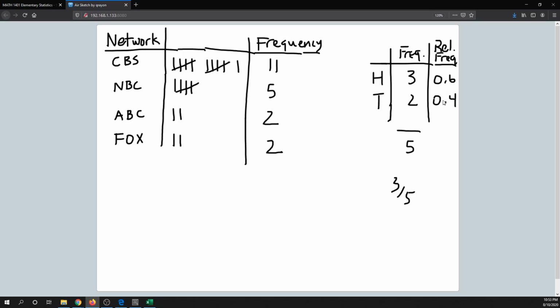When you add these up, this number should be exactly, or not exactly, but close to 1. It kind of depends on the rounding. Sometimes if you round these numbers to certain numbers of decimal places, then this might be off by a very tiny amount. So don't freak out if this number is not exactly 1 if you did some rounding.